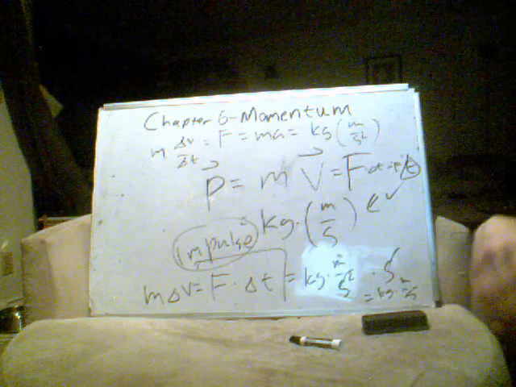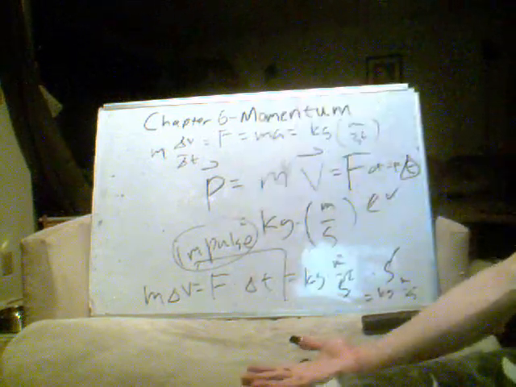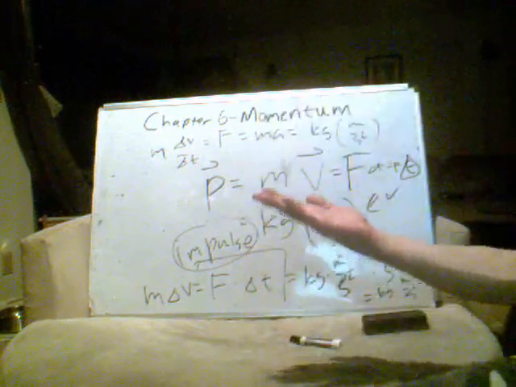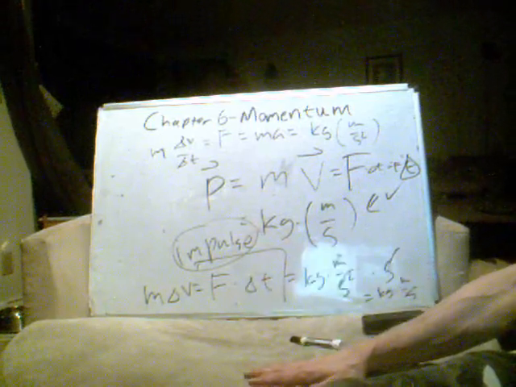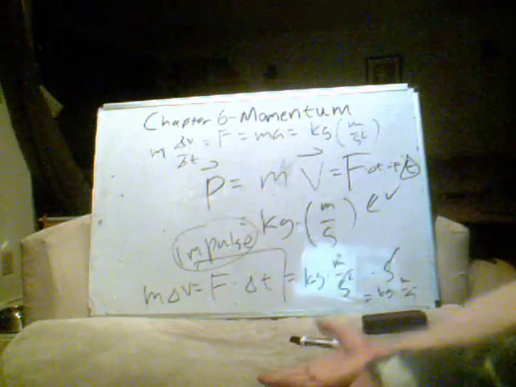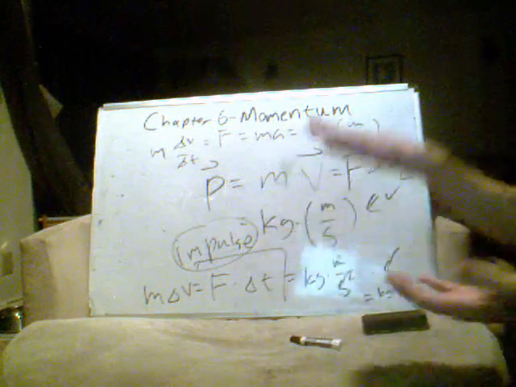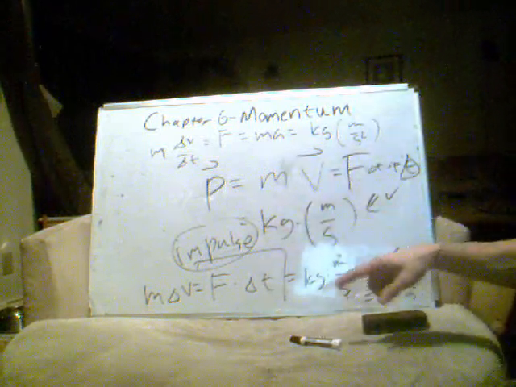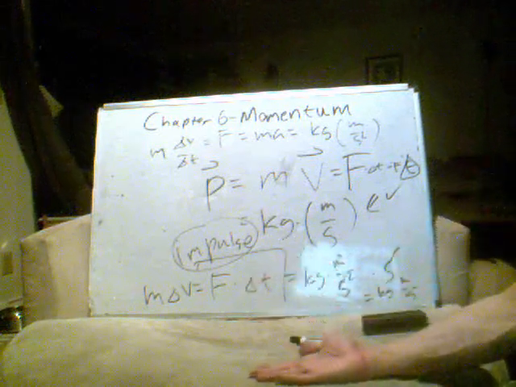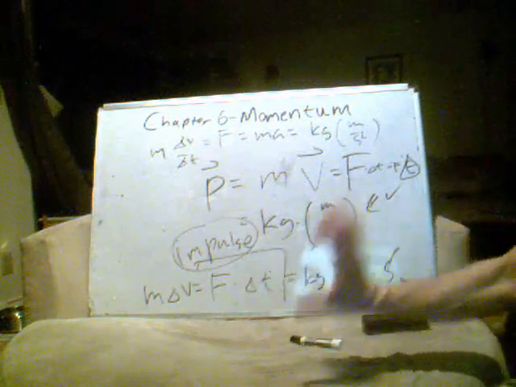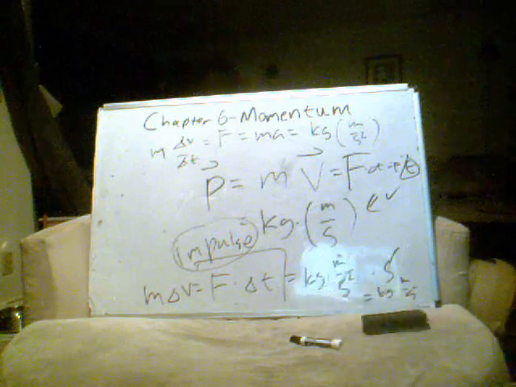Well, the egg, when it hits the floor, is going to have to stop, right? It's going to have to stop all of the egg's momentum. And if it's rigid, if it doesn't bend or compress, then the time interval that the floor is going to exert a force on the egg to make it stop is going to be very small.